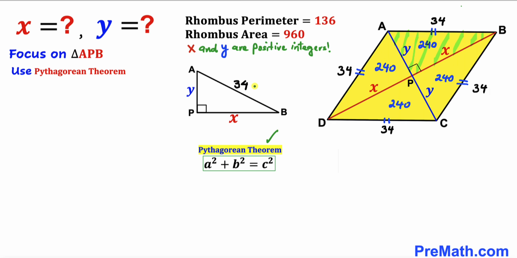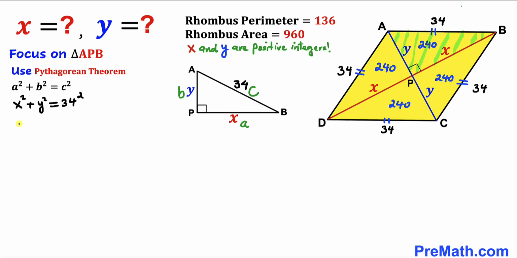Let me call the longest side C, this side A, and this side lowercase b. So A in our case is X, and this becomes X squared plus Y squared equals 34 squared.